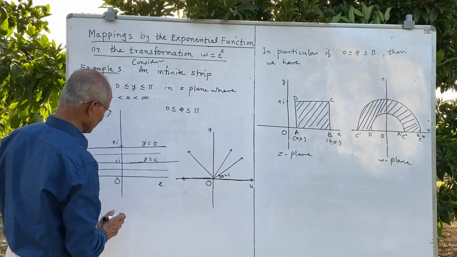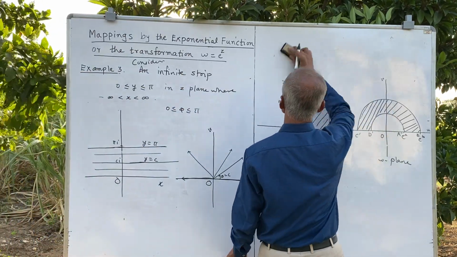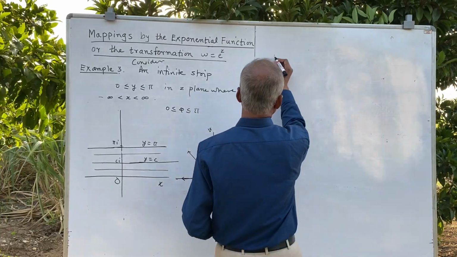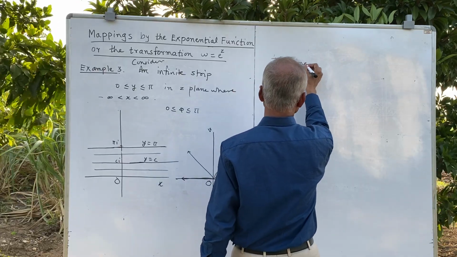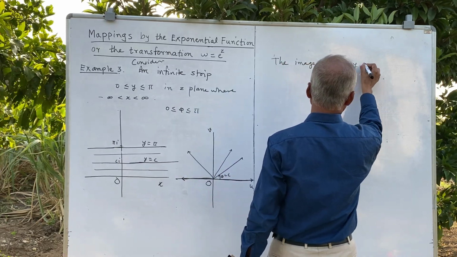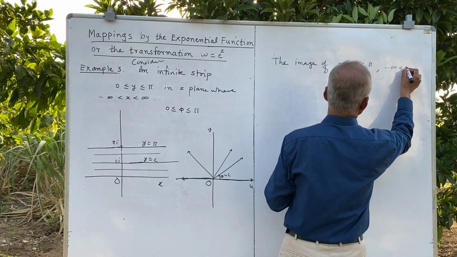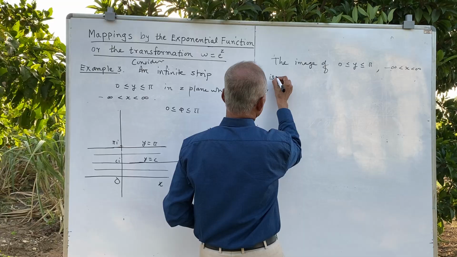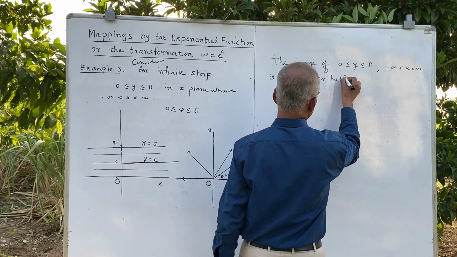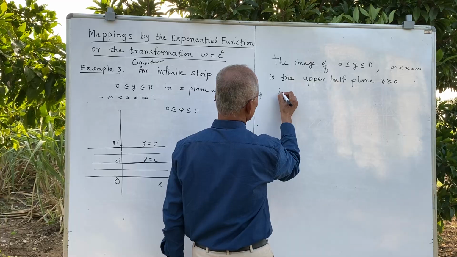Thus the image of this infinite strip, 0 less than or equal to y less than or equal to pi, minus infinity less than x less than infinity, is the upper half plane, that is v greater than or equal to 0 in the w plane.